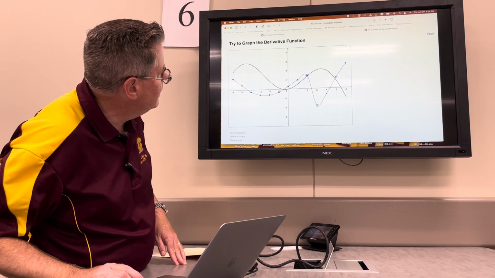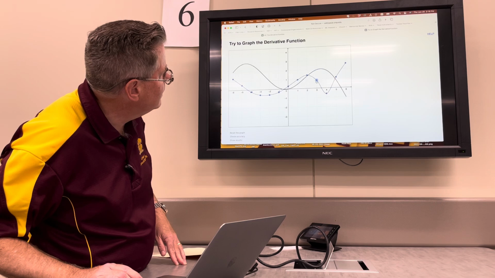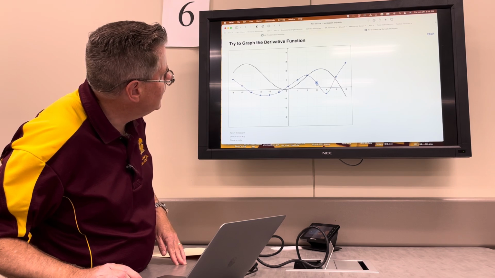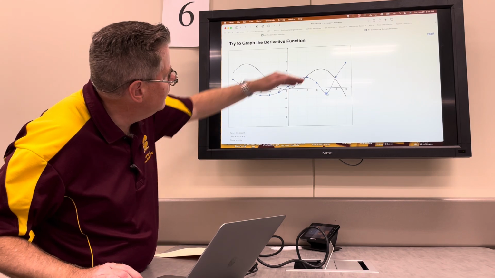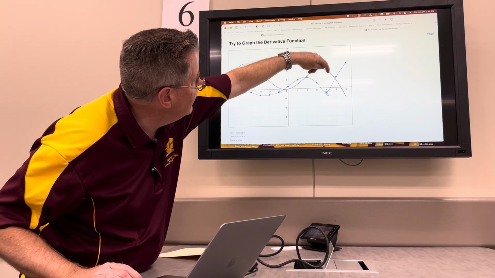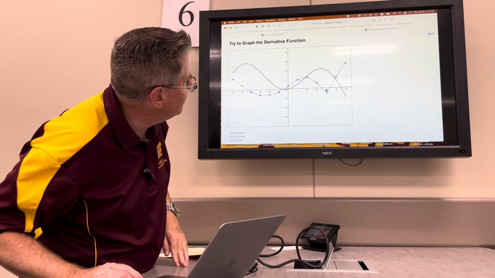The next one, still positive, but not quite so positive. So let's say it's maybe about there. I'm going to move this guy down just a little bit. And then this one here, he's now on the downhill slope right here, so he's kind of negative still. Not super steep, so I'm going to leave him right about there.